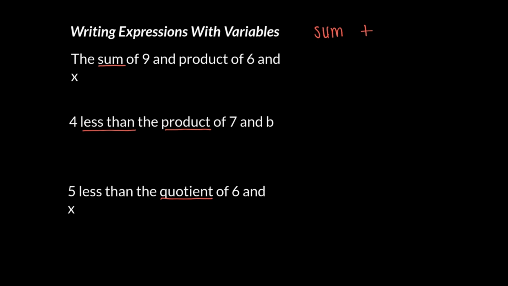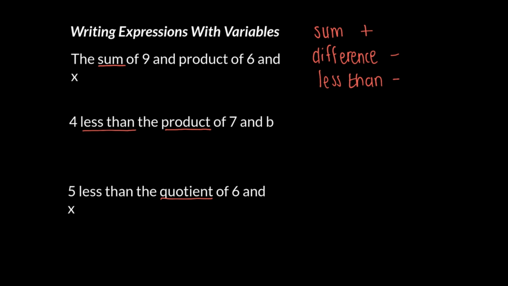And when we say less than, or let's start with the difference, normally means minus, so does less than. But we'll notice that the wording is also very important, less than.